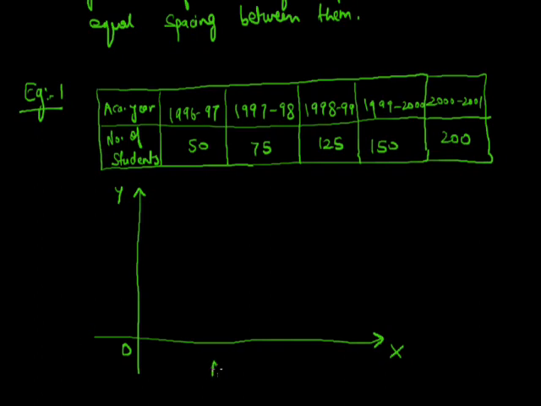So in this case, the academic year should be taken on x-axis, and accordingly number of students on y-axis. Now as academic years are given 1996 to 97, accordingly we'll take one point anywhere, which will be taken as 96 to 97.